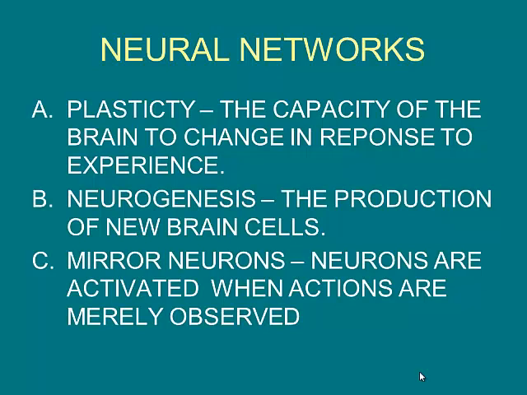Every time you behave something, you do it over and over and over again, your brain structure changes. Every time you think about something over and over again, your neurological structure changes. Every time you feel something over and over again, your neurological processes change. Your brain has a process called plasticity.